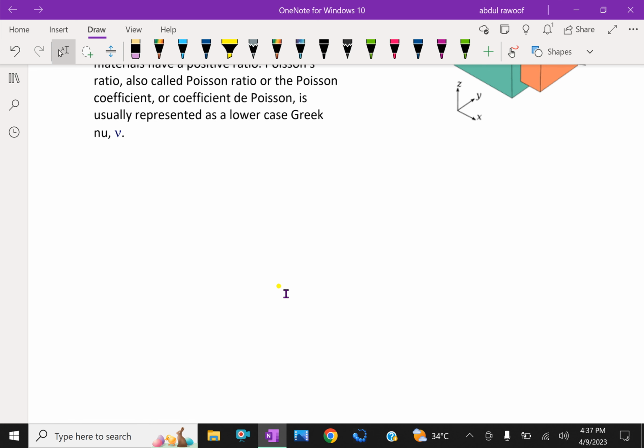Therefore, we can say, we can get the Poisson ratio as lateral strain by linear strain.